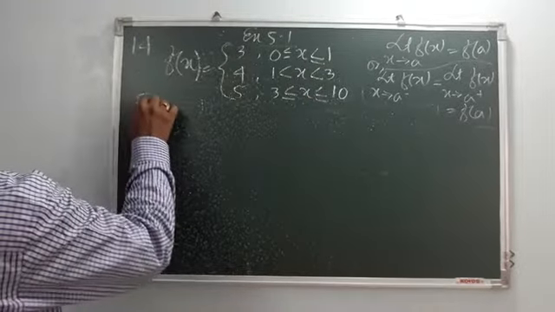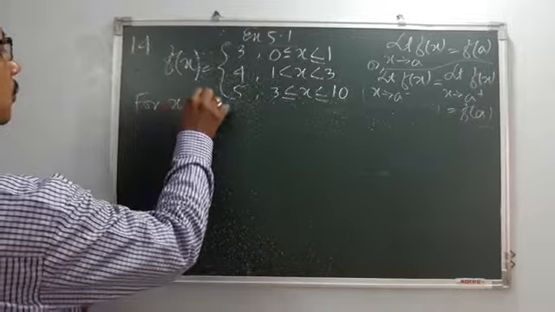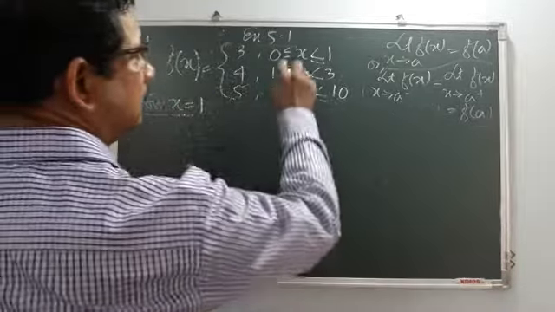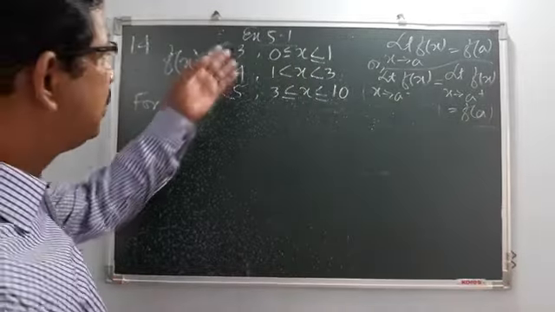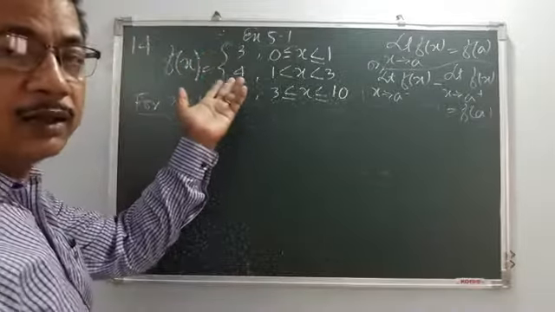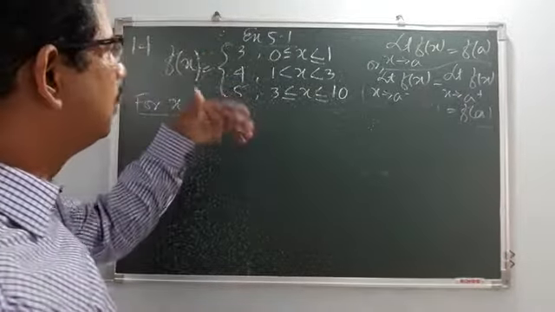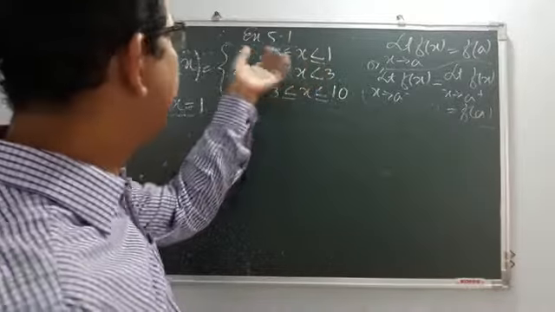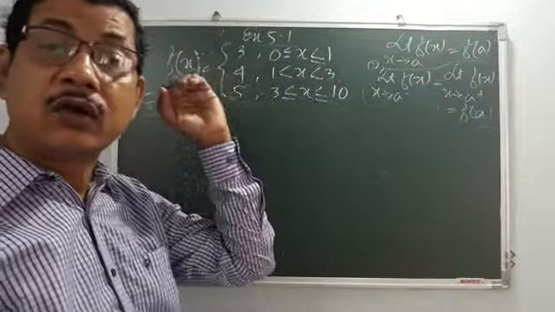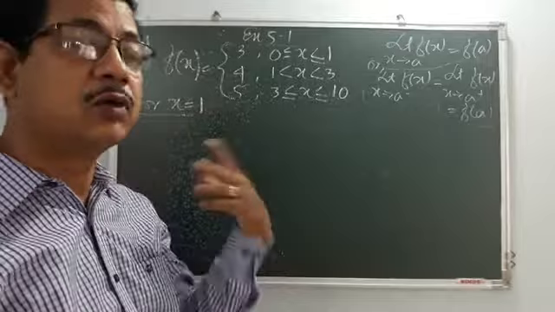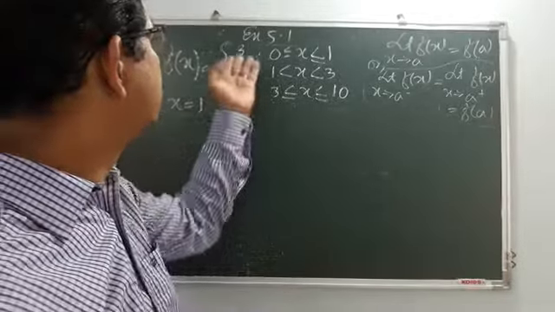For x equal to 1, that is the first breakpoint, less than 1 there is one value and greater than 1 there is another value, so we check there. But in 0 to 1, it is a fixed function, that is a constant function. A constant function is a polynomial, so it is continuous.